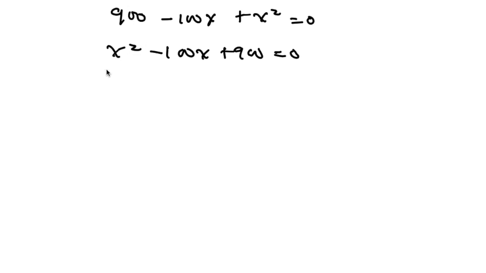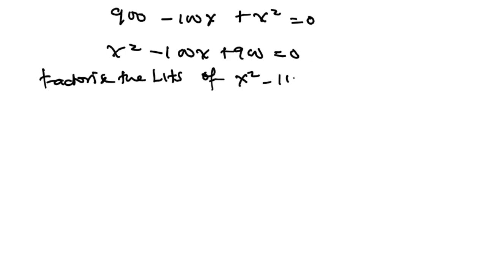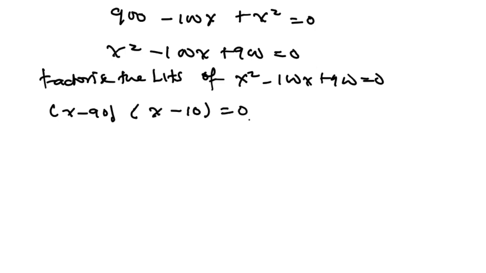So what we can do here is factorize the left-hand side of x squared minus 100x plus 900 equal to 0. So it becomes x minus 90, x minus 10 equivalent to 0. You can use trial and error to do this, which you have learned in school.